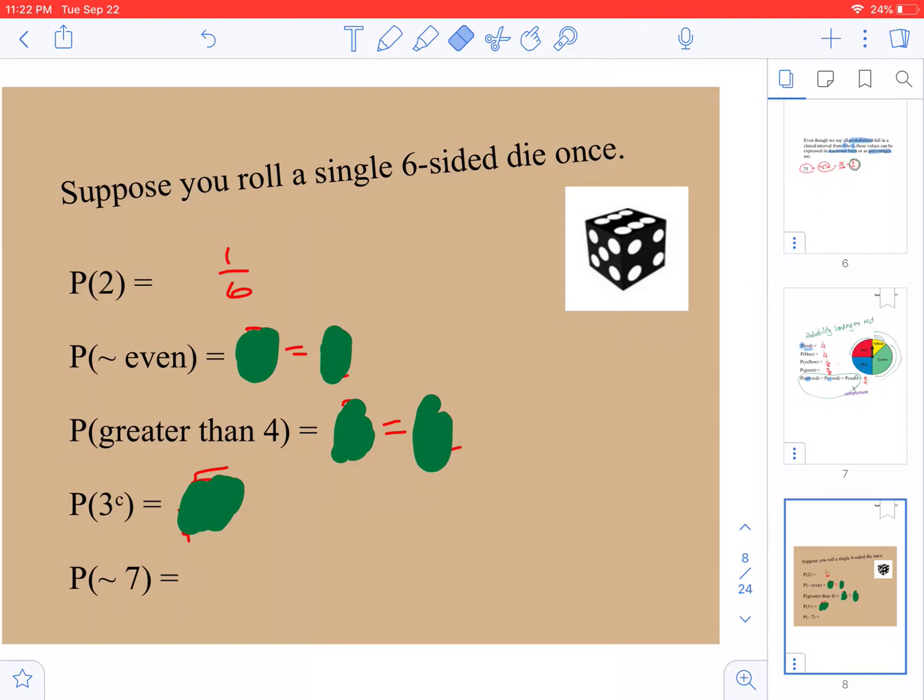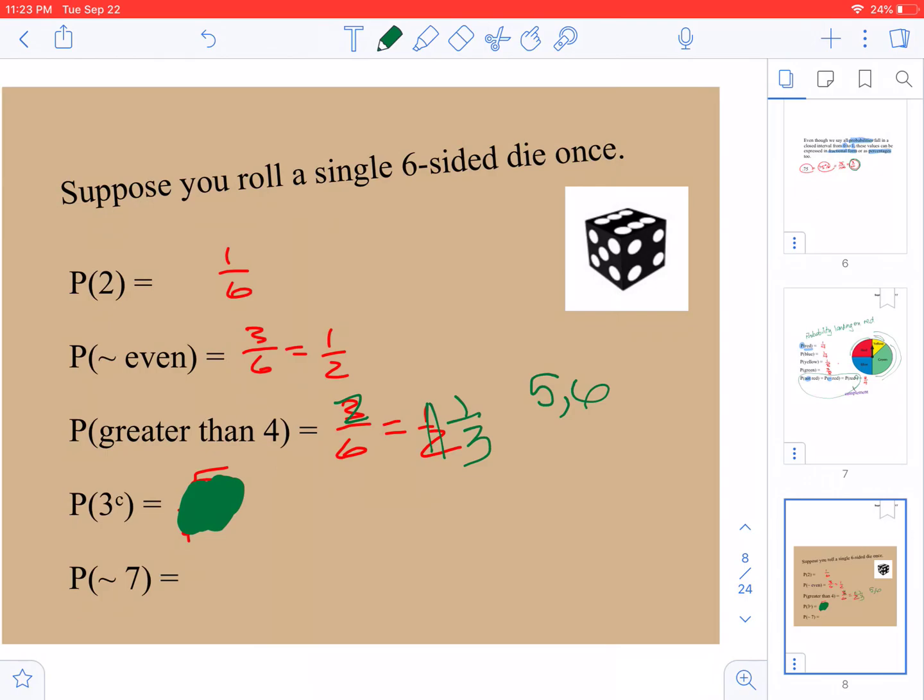If it says even, make sure that you count up how many evens there are, and then don't forget 3/6 reduces to 1/2. Again, for the probability of greater than 4, that would be 5 or 6, so there's 2 of them. So then we have 2/6, which would be reduced to 1/3. Yeah, that shouldn't be 3/6, that should be 2/6, and that should be 1/3.